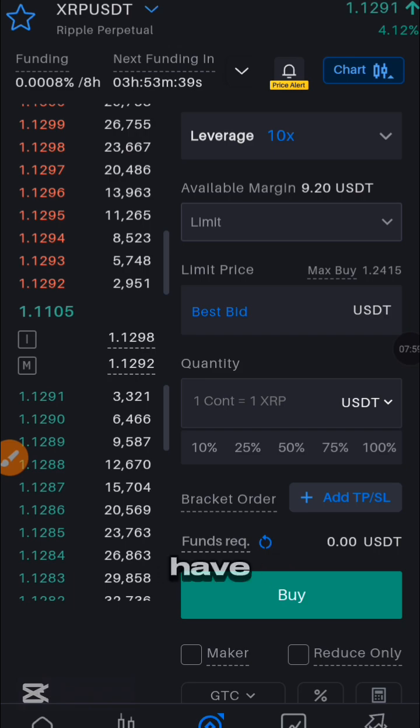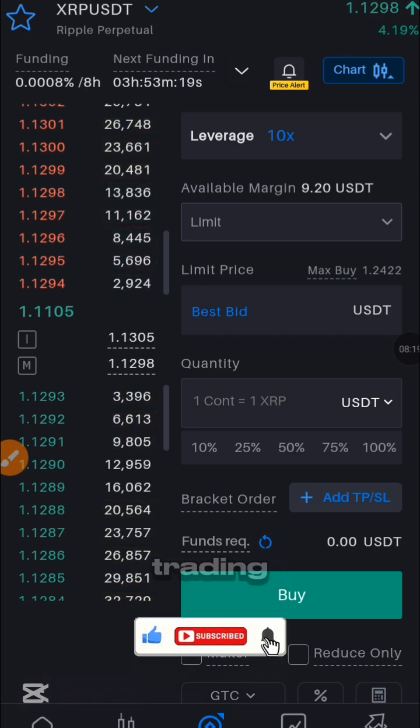Now, to recap what leverage is: leverage trading is just the exchange lending you money to trade. If you're having a $100 account, it gives you a higher purchasing power. So that is all about leverage trading.